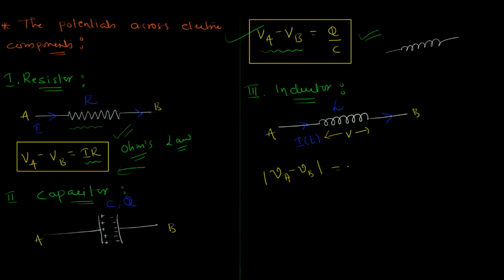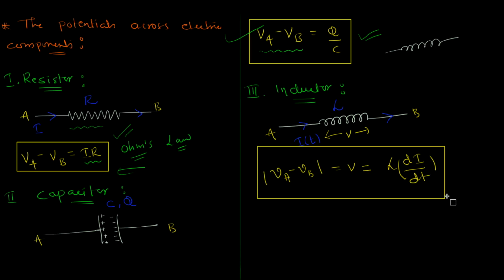So I can write V itself as equal to L di by dt. So this is your expression for the potential difference across a given inductor.